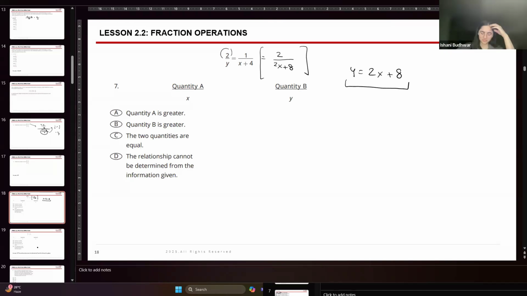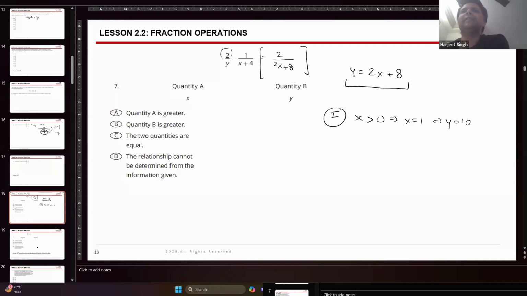Always take three scenarios of x. Scenario number 1, take x greater than 0. So take x equal to 1. Obviously, y will be bigger. Second scenario, take x equal to 0. So what will be y? 8. Again bigger. Third scenario is x less than 0. So take x equal to say -1.